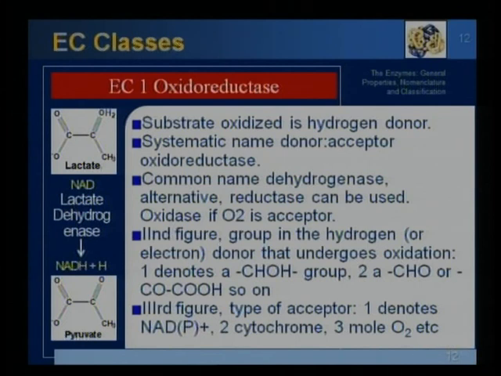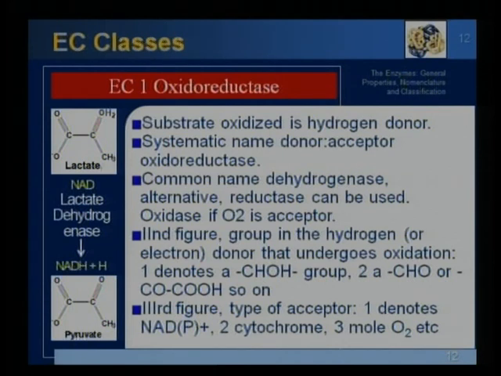If it is a CHOH group which is undergoing the process of oxidation, then the number is always 1. If it is a CHO group, then the number is always 2. Likewise, the Enzyme Commission has given a list depending upon the group which is being oxidized in the hydrogen donor. The second digit of the EC code is generated.